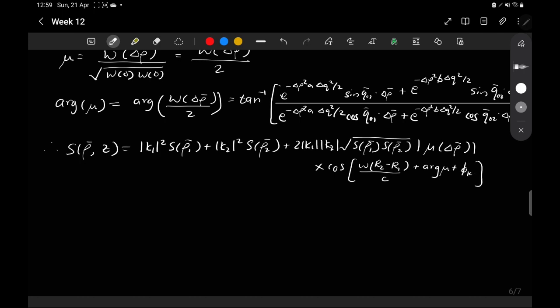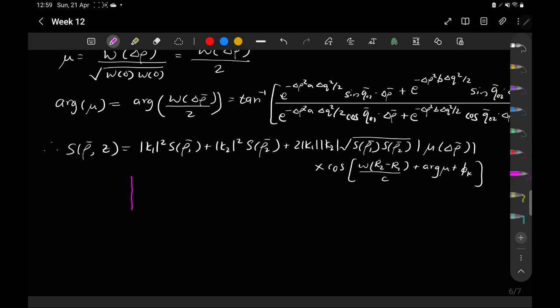Now what this R2 R1 is, I forgot to draw the setup for this spatial interference. Let me draw it right now then. So we have two slits over here, like a Young's double slit. Then the screen.